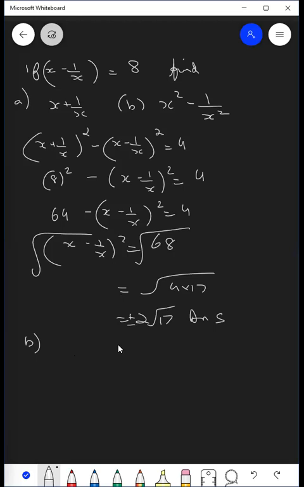What's x squared minus 1 upon x squared? How do we find this? Paki, how do we find this? Just a second.